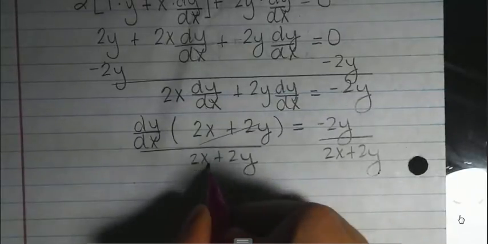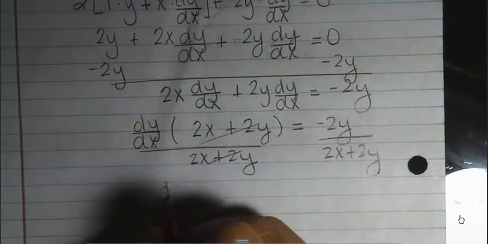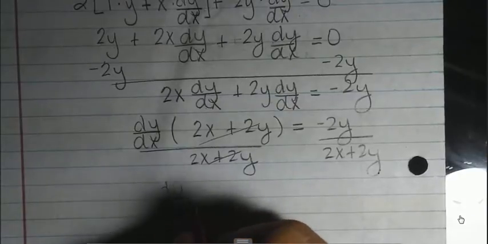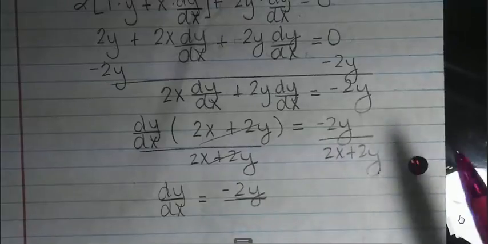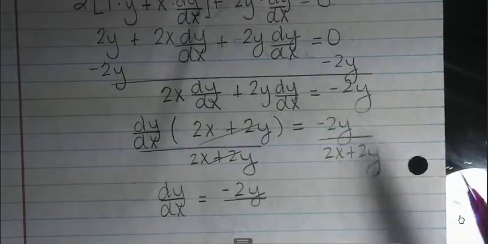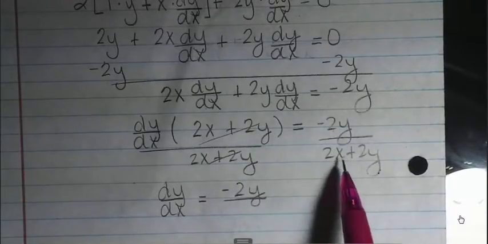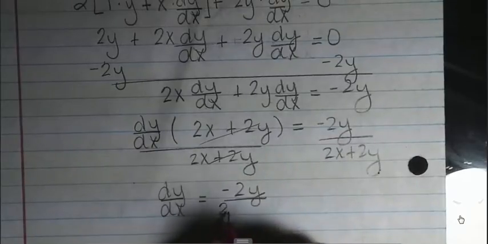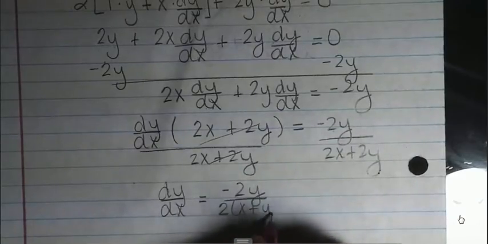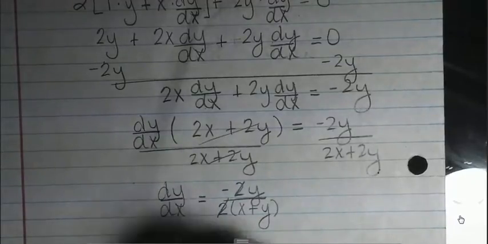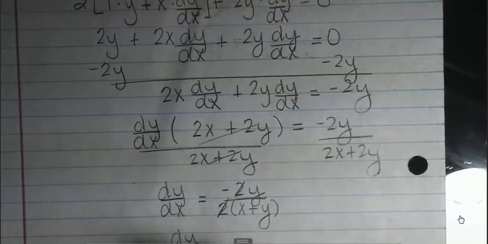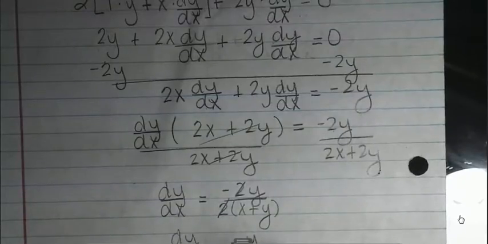So these go away, and I'm left with dy/dx equals negative 2y over 2x plus 2y. I'm probably going to be able to reduce out a 2, so I'm going to factor out a 2 in the denominator. The 2's reduce, and the derivative of y with respect to x will be negative y over x plus y.